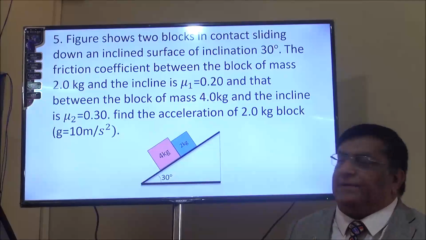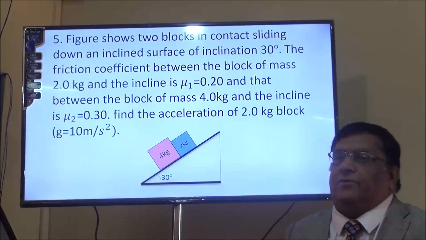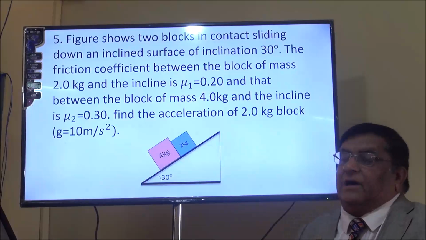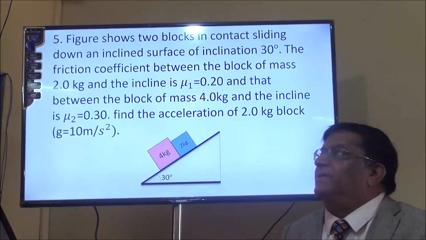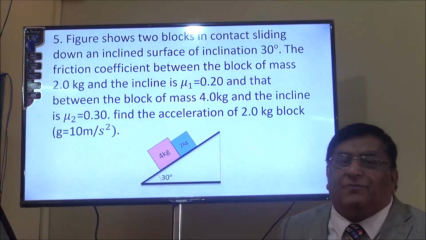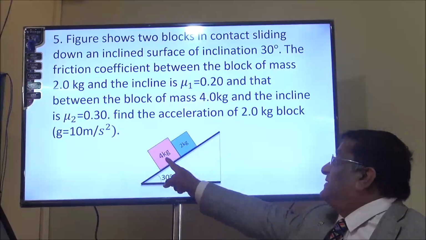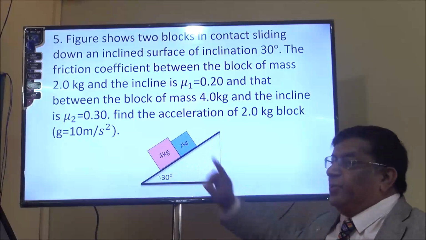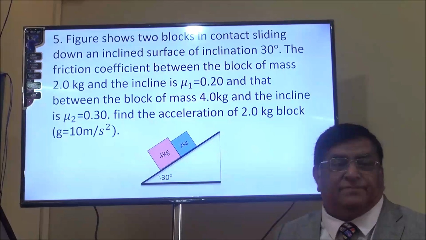There are two blocks here which are trying to slide down. There are two possibilities. They have got different coefficients of friction. Quite possible that this will slide faster and this will be slow. In that case, there will be separation between the two.